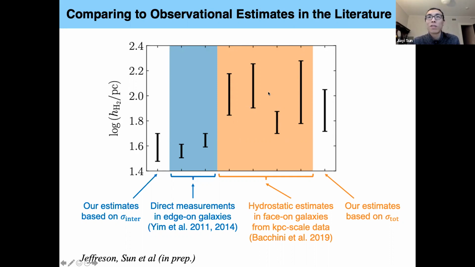You can see that all those terms seem to be systematically higher than these observations that we truly trust. So this is telling you that going down to individual molecular cloud scale and differentiating those two terms is crucial for giving you a more realistic estimate of the scale height. So now that we know this method does work, let's apply it to some real observational data.